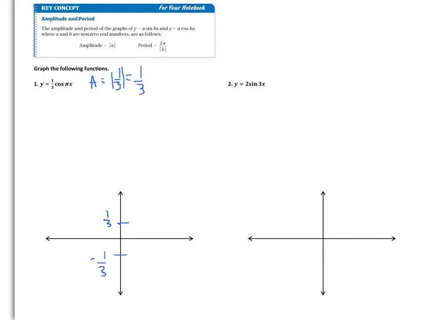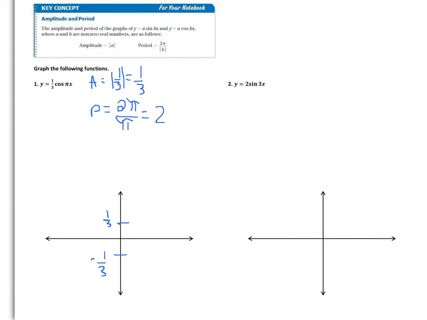That's our new max and min. B is pi. So to get the period, you do 2 pi divided by b. So our period is just 2.